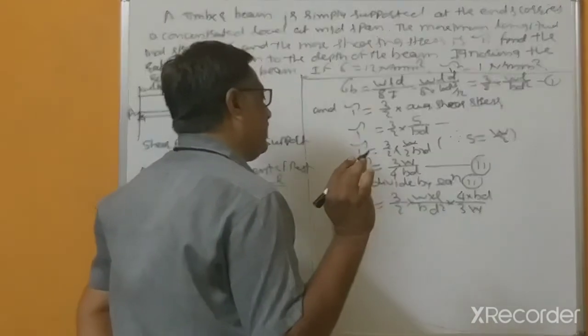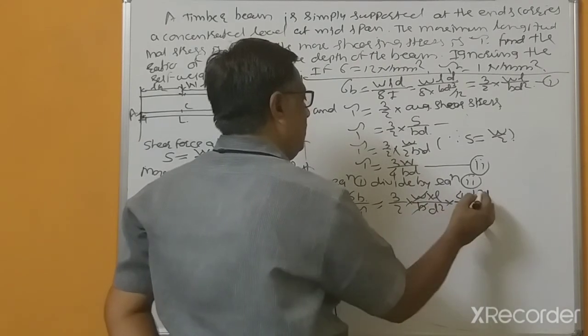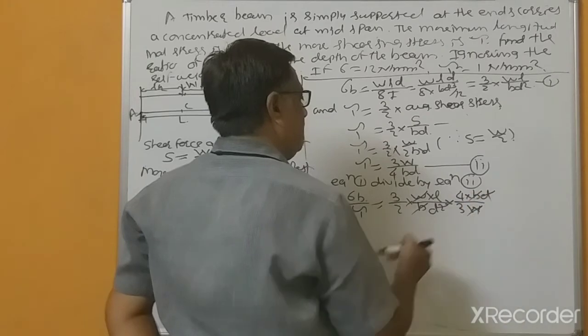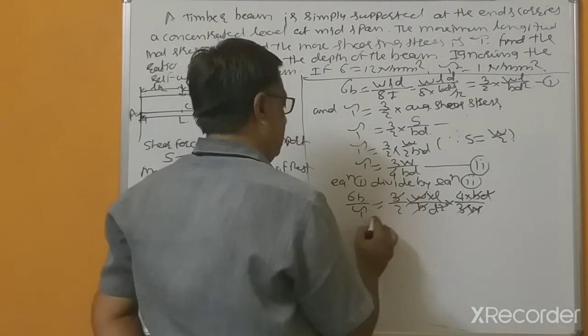So what will get cancelled? This W will get cancelled, B will get cancelled, D square and the 1D will get cancelled, and this 3 gets cancelled.